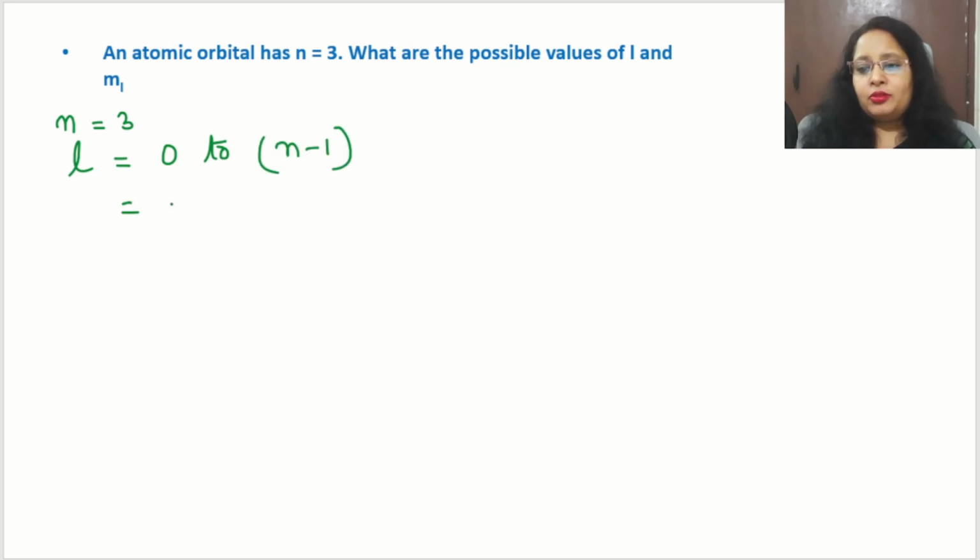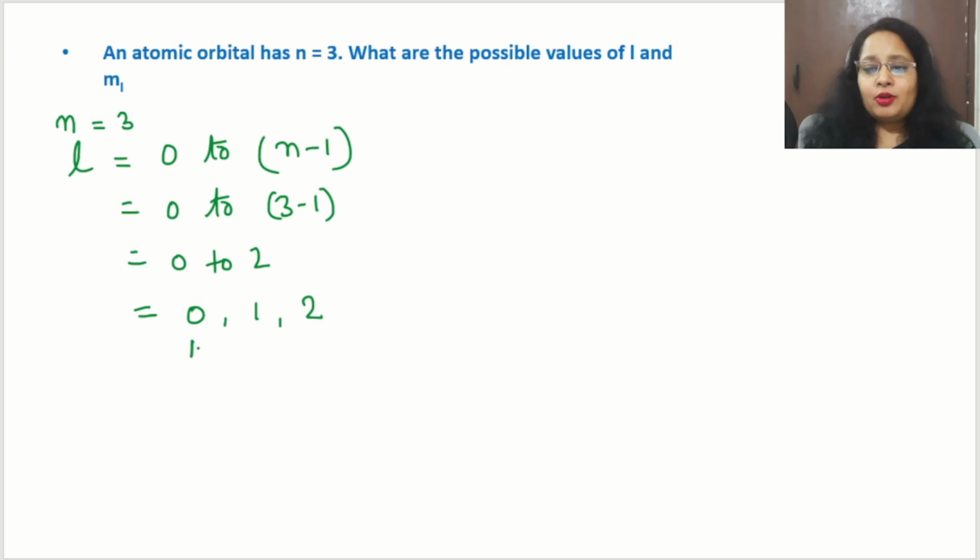If we put n value 3, it is 3 minus 1, so it comes 0 to 2. So the possible values of l should be 0, 1 and 2. Here 0 belongs to s, 1 belongs to p and 2 belongs to d. So these are the possible values of l for n equal to 3.